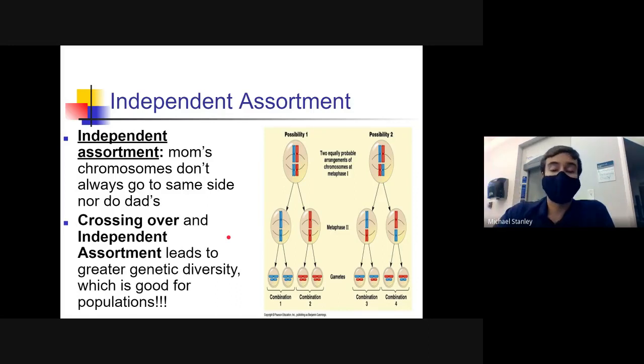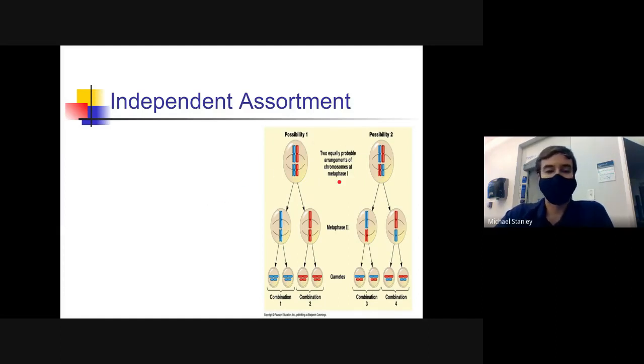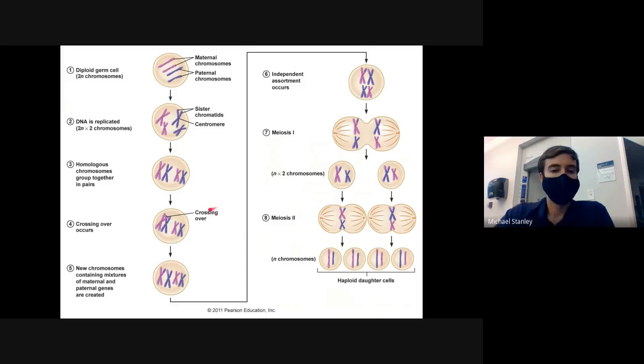So the other way, like I was talking about earlier, is crossing over. So remember, crossing over, they don't show it in this picture, but that's the one where they swapped a little bit of DNA with each other. Crossing over also makes it so that your haploid cells are a little bit different from each other as well.